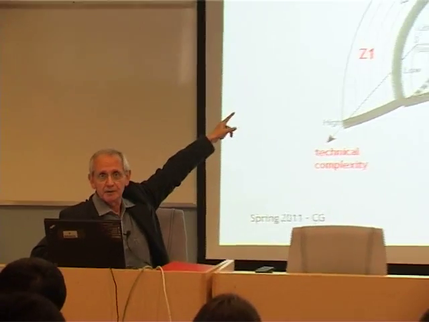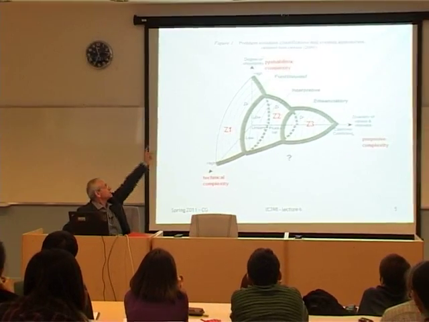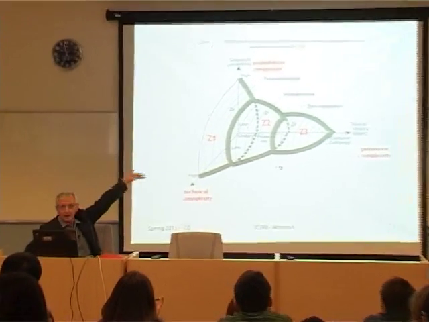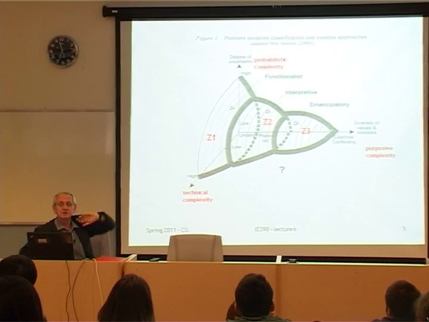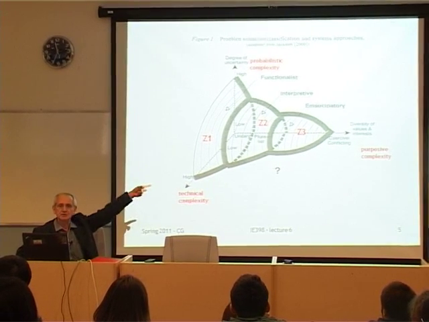Let me add some more comments on this. In a problem situation that falls in Z3, uncertainty may be as high as in a problem situation in Z1. But the volume being smaller, and we are not going as high up in the uncertainty dimension, is because we are not able to handle uncertainty in that situation.